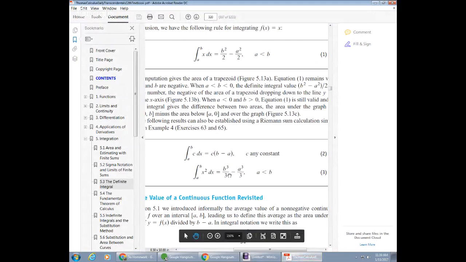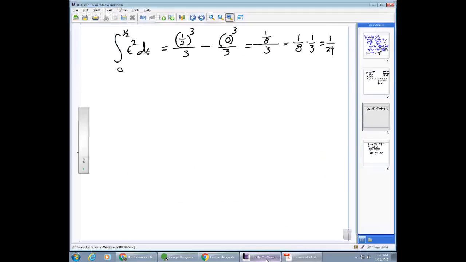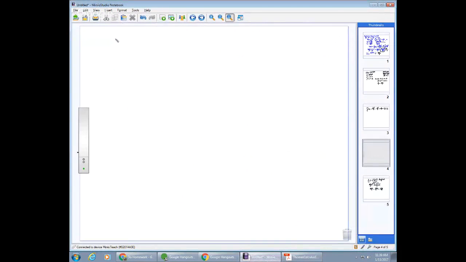That is the given formula in the book. We could justify it with Riemann sums, which was actually a problem from section 2, so let's do that for fun to review it. Say we use right-hand endpoints for the area of y equals x squared from 0 to b.